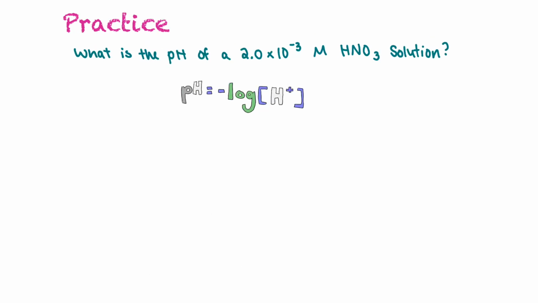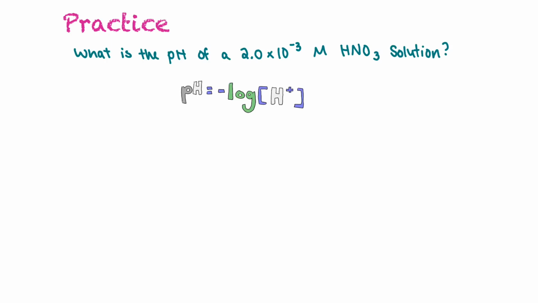Okay, so in this example, we're being asked to find the pH of a 2.0 times 10 to the power of negative 3 moles per liter nitric acid solution. So nitric acid is a strong acid, so we can assume that it's going to 100% dissociate into ions. So in this case, our concentration of the hydrogen ions will be 0.002 moles per liter.